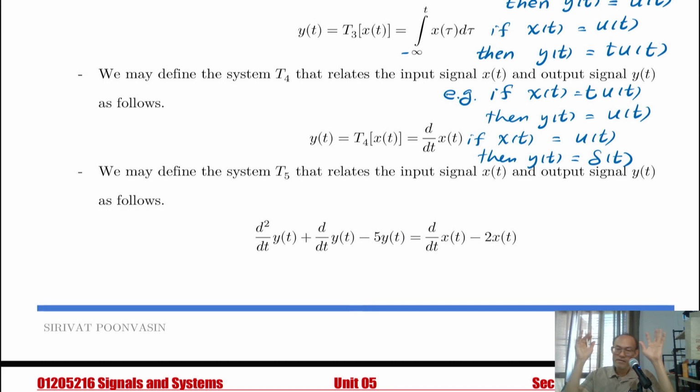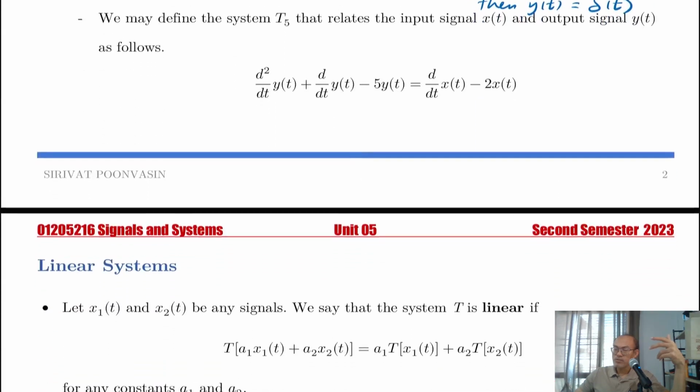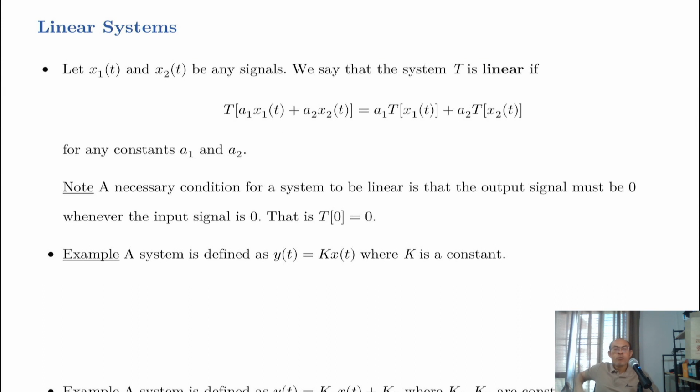So we can see there are a lot of ways to define a system. We may describe it as a differential equation. We may describe it as a direct substitution like this one. So at least two ways to describe a system.